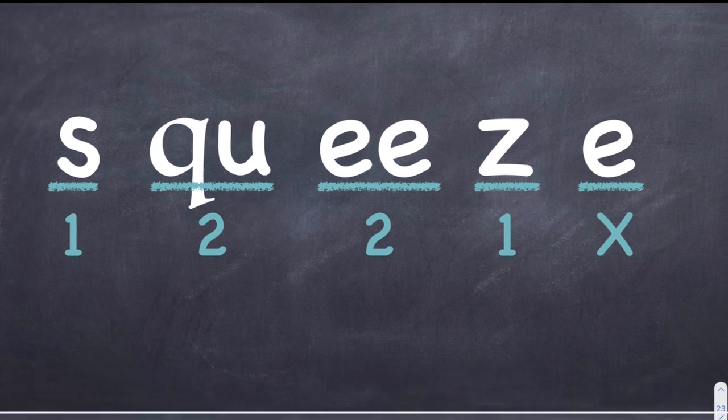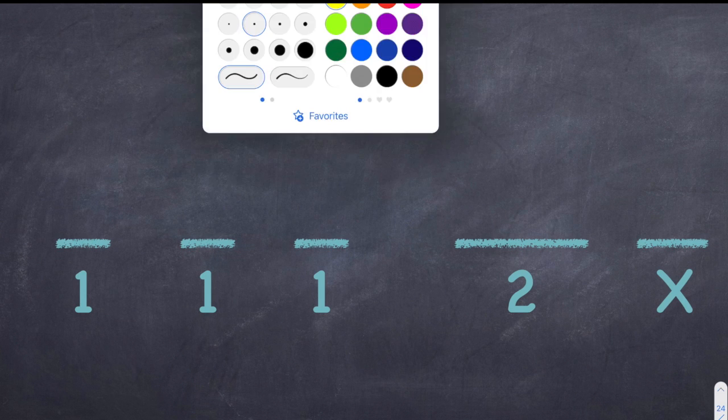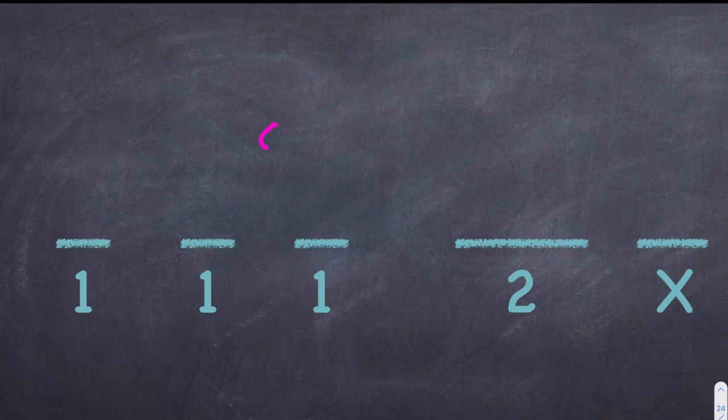Last one. Our word is receive in the 2 vowels go walking rule. And we have re as our first syllable. So re, e, and then sieve.